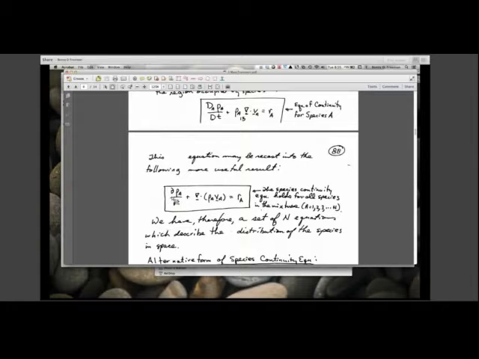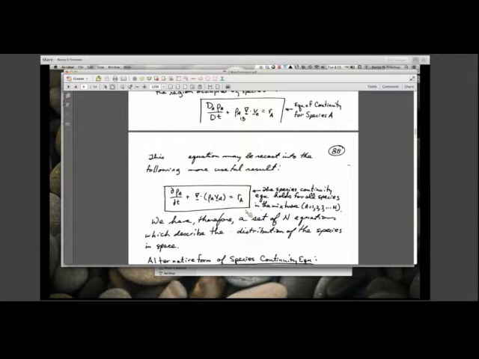Does that make sense? And so I come from this form to the form at the bottom of the page, which is the point equation for continuity of species A. You've seen this one before. Maybe?